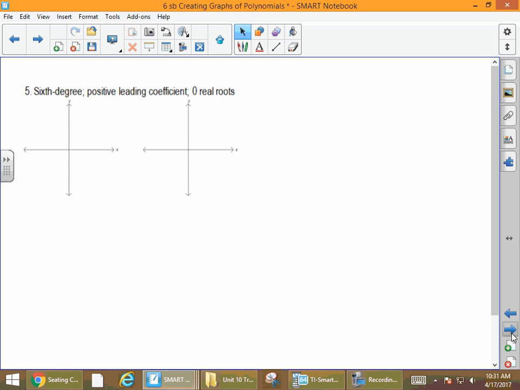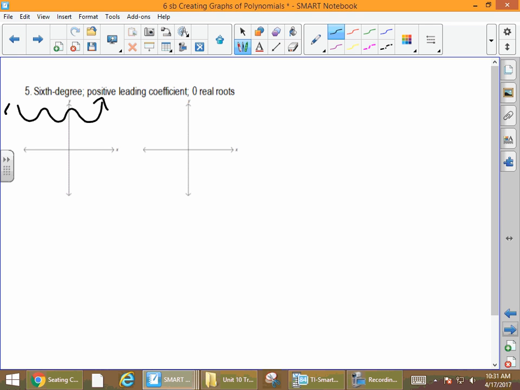As we look at problem number 5, it's a 6th degree, positive leading coefficient, and we don't have any roots. So when we draw our picture here, we're not going to touch the x-axis. I do need to count my turning points here to make sure. Positive leading coefficient means that our graphs, at the ends, are both going to go towards infinity, which it does.